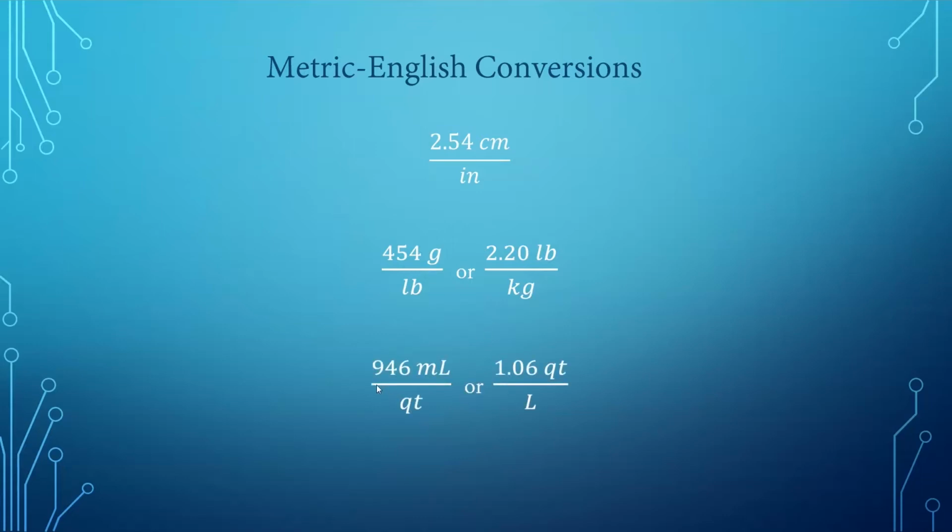When it comes to volumes, there are also two that are commonly used, either 946 milliliters per quart or 1.06 quarts per liter. So as long as you know this one and one of these two and one of these two, you'll be able to easily relate all the different units in the metric system and the English system.